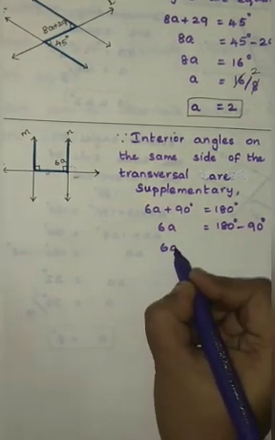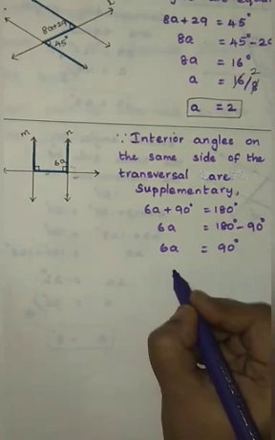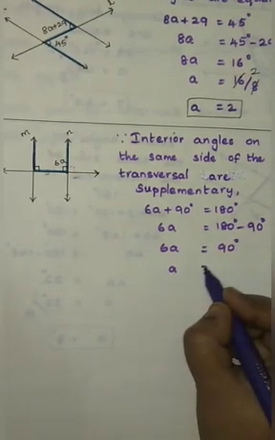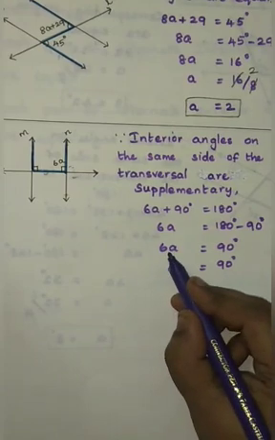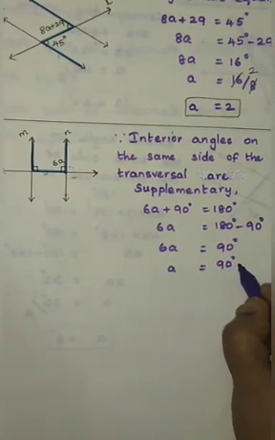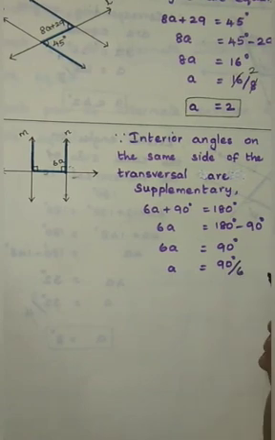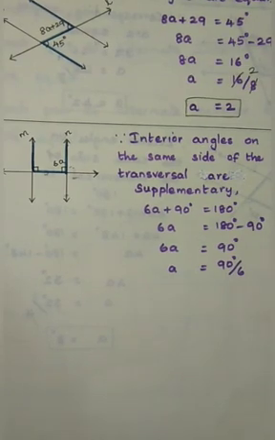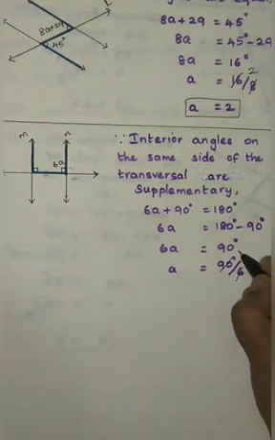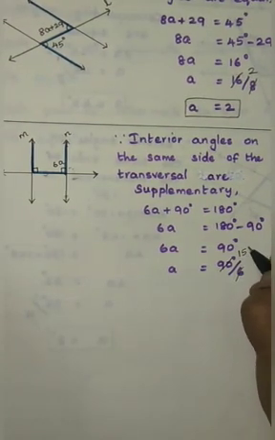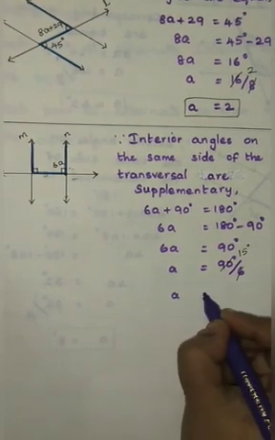So 6A is equal to 90 degrees. Now leave this A here, take the 6 to the other side. Since it is multiplied here, when you take to the other side, you have to divide 90 degrees by 6. How many times 6 goes in 90? 15 times. So the value of A is 15.